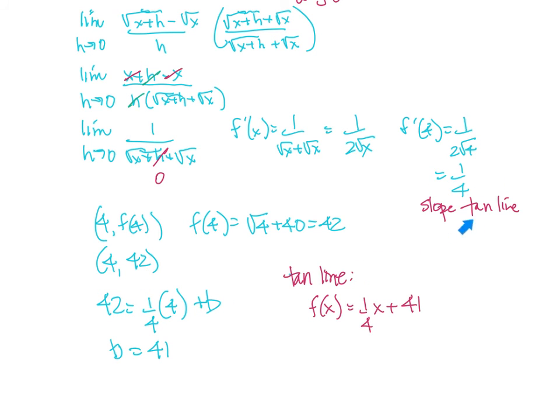We have our slope over here of 1/4. That goes where the y equals mx plus b. So we have the 4 as our input and the 42 as our output. When we simplify that, we get the b value is 41. So our tangent line is f of x equals our slope of 1/4 x plus 41.